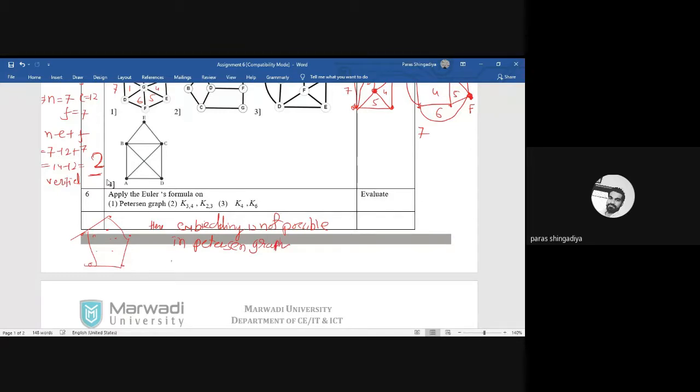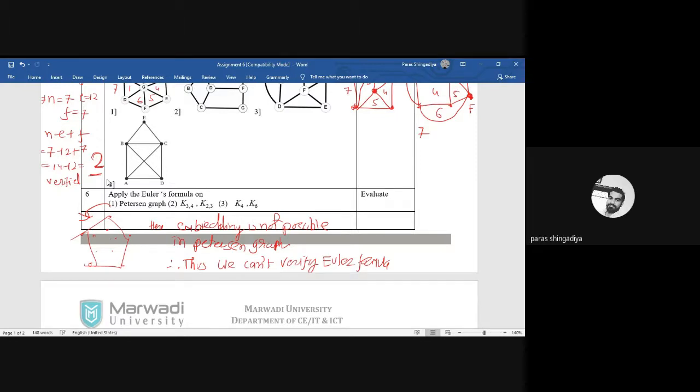So thus we cannot verify the Euler formula. That is the answer of the first one. First draw the complete Petersen graph and then write the conclusion: embedding is not possible in the Petersen graph to make it planar, and therefore we can't verify the Euler formula.